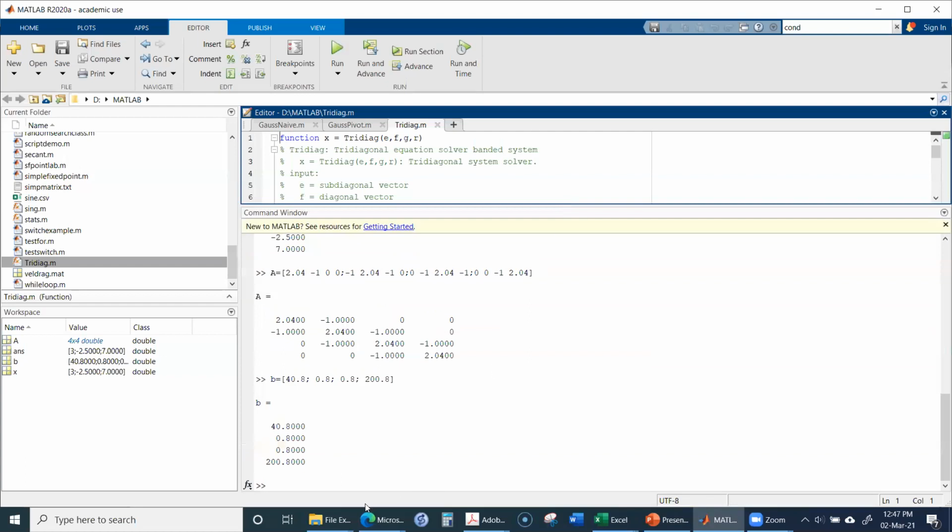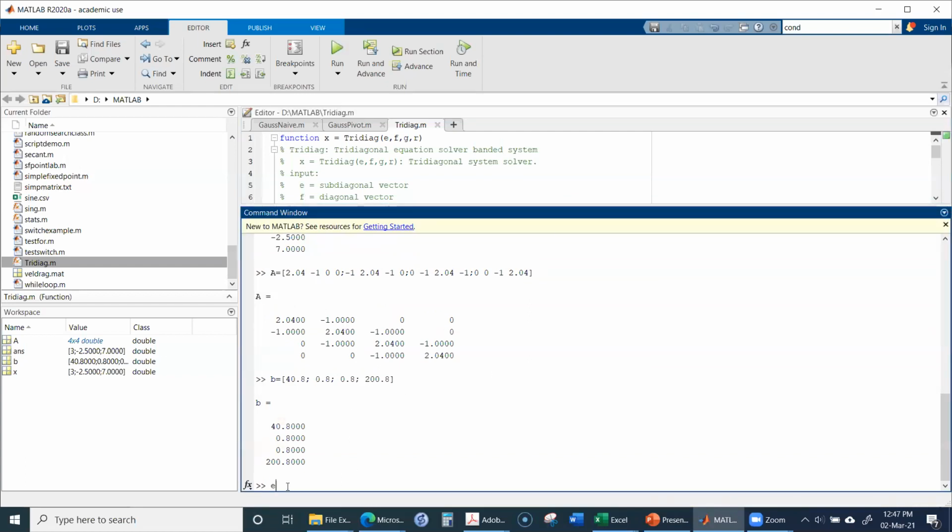To apply this function, we need the 4 arguments E, F, G, R. I will define E as a row matrix. These elements are -1, -1, -1.